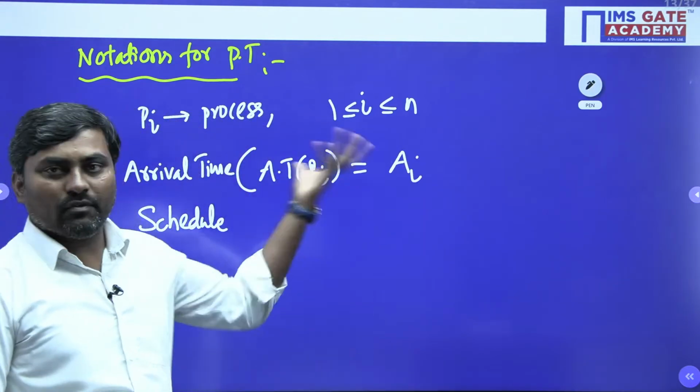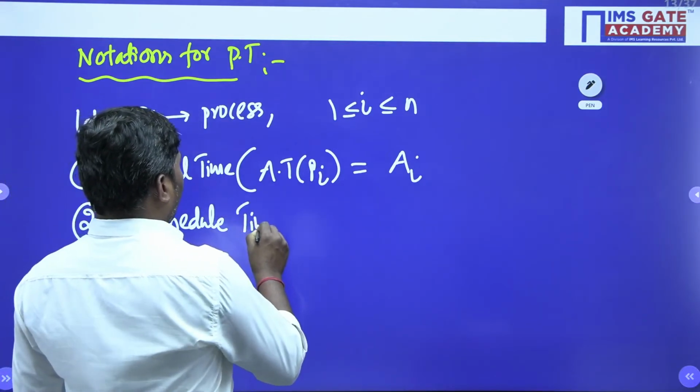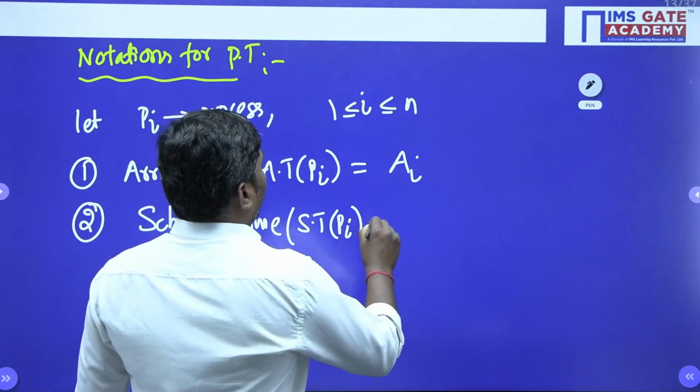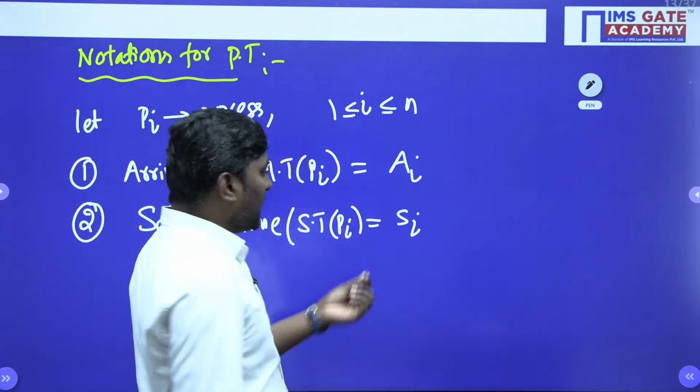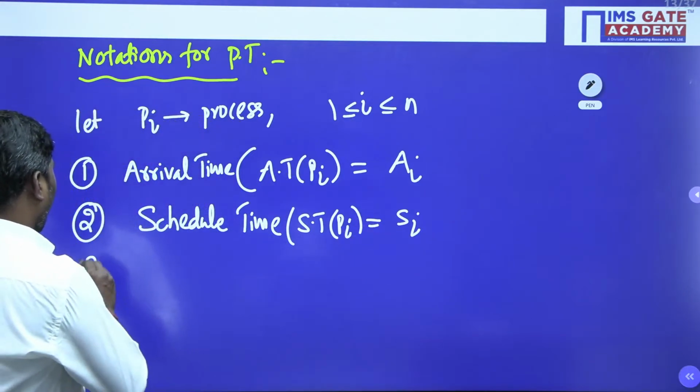What is Ai? Arrival time of a process, simply you understand. Schedule time, ST, of process Pi, I will make Si. If I write Si, what is Si? Schedule time, you understand.